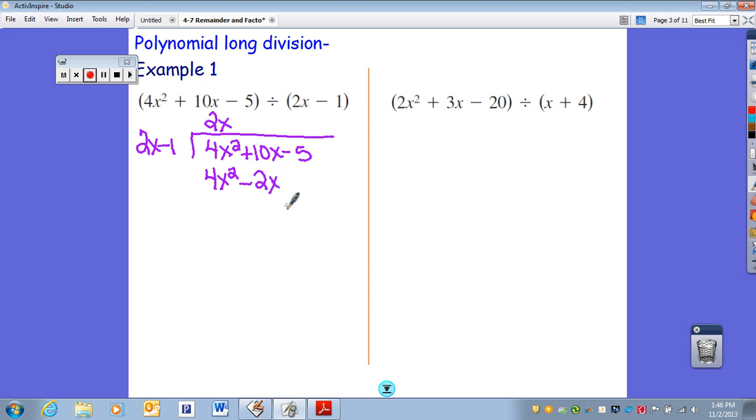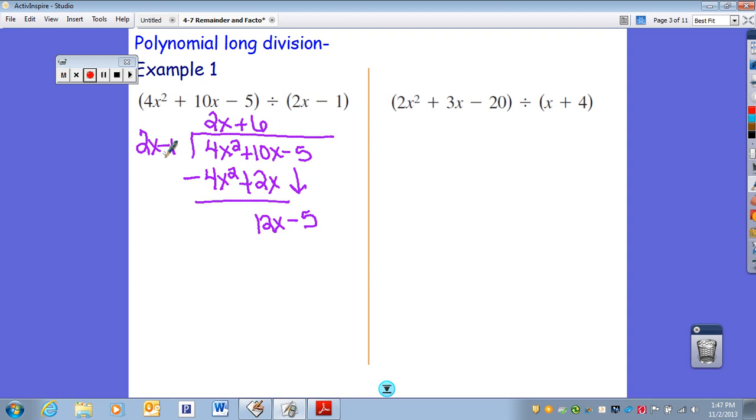But the biggest thing to remember, as we talked about in the previous slide, is that we are going to subtract. Subtracting a negative will change it to a positive. So I'm going to combine like terms, which gives me 12x, and I'm going to bring down the negative 5. I ask myself, what do I multiply times 2x to get 12x? I'm going to multiply it by 6.